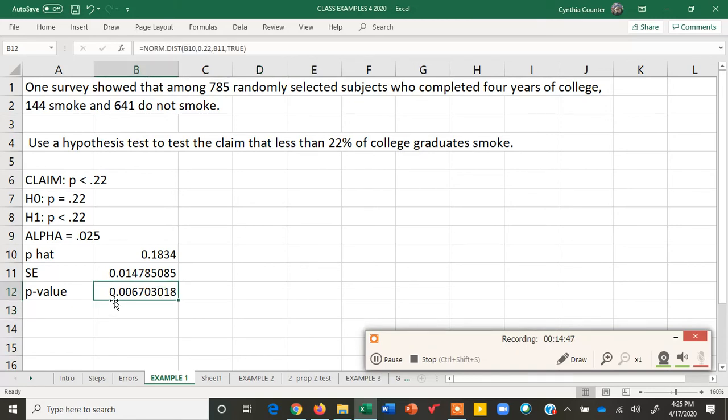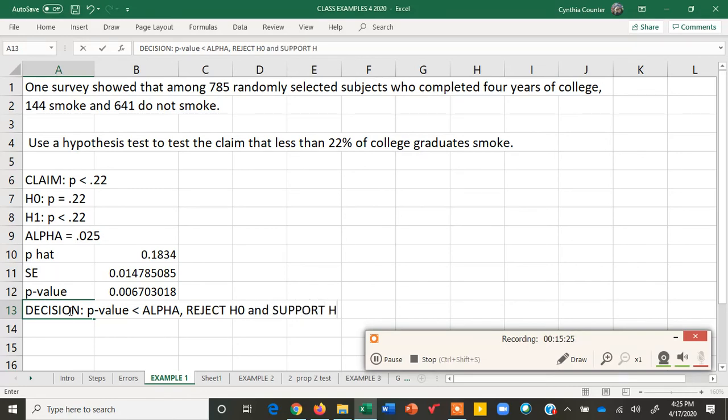And notice now how much smaller this p-value is than the one we got previously. Previously, we had a p-value that was bigger than alpha, but now changing the claim from 20% to less than 22%, we end up with a p-value that is much smaller than alpha. So this time, the decision: the p-value is less than alpha, so we reject the null hypothesis and support the alternative.